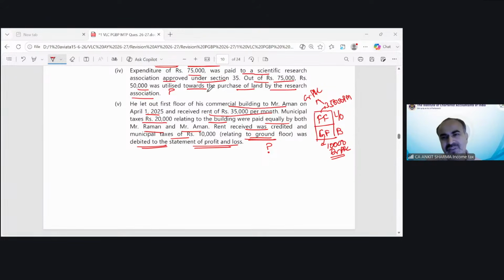I am just asking the treatment under PGBP. 10K goes to PGBP. I am just asking for this point number 5. What should I do with point number 5 in our PGBP? Do I need to add back some value or should I reduce something? Just give me the answer of that question.